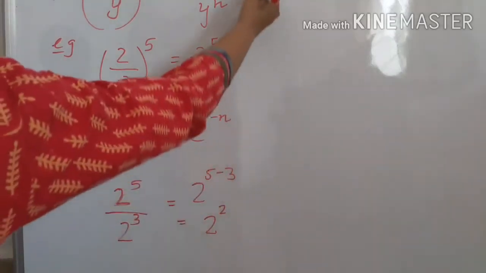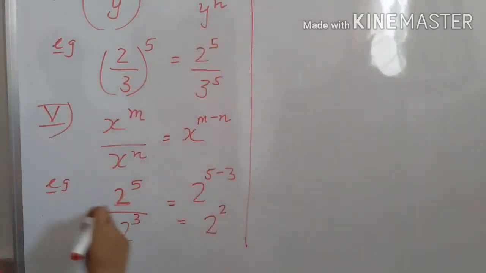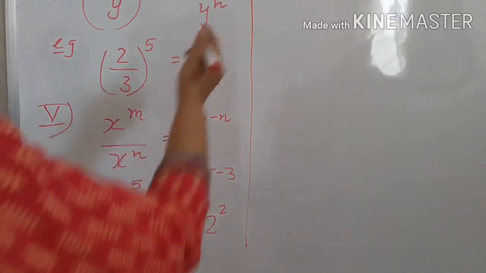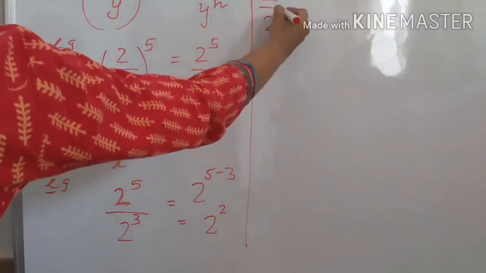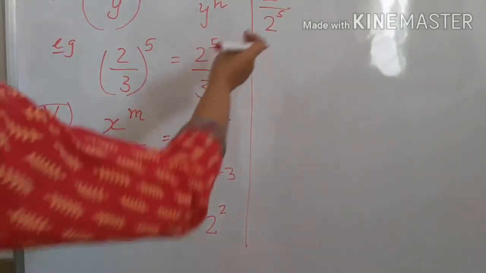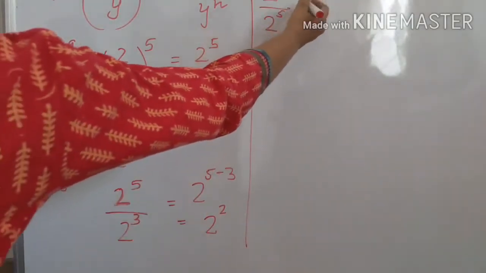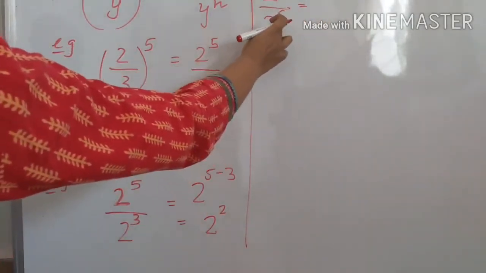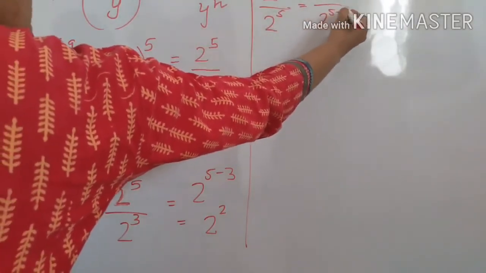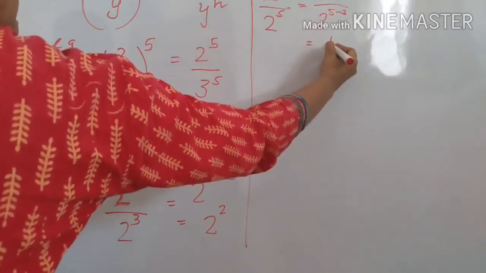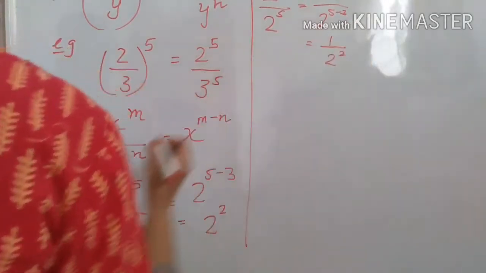Now there is one more case, students. Suppose there is 2 raised to 3 upside and 2 raised to 5 downside. Then the power is bigger in the denominator, so we can write 1 upon 2 raised to 5 minus 3, that is 1 upon 2 square.